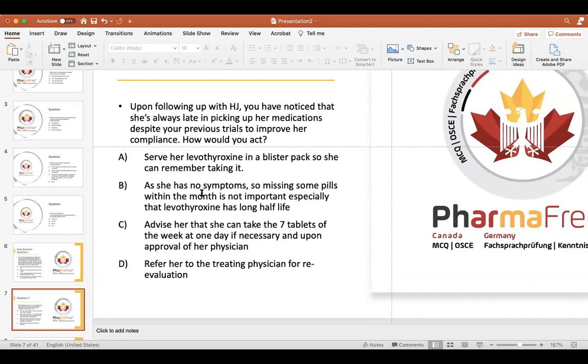B: As she has no symptoms, missing some pills within the months is not important, especially since levothyroxine has a long half-life. C: Advise her that she can take the 7 tabs of the week in one day if necessary, upon approval of her physician. D: Refer her to the treating physician for re-evaluation.